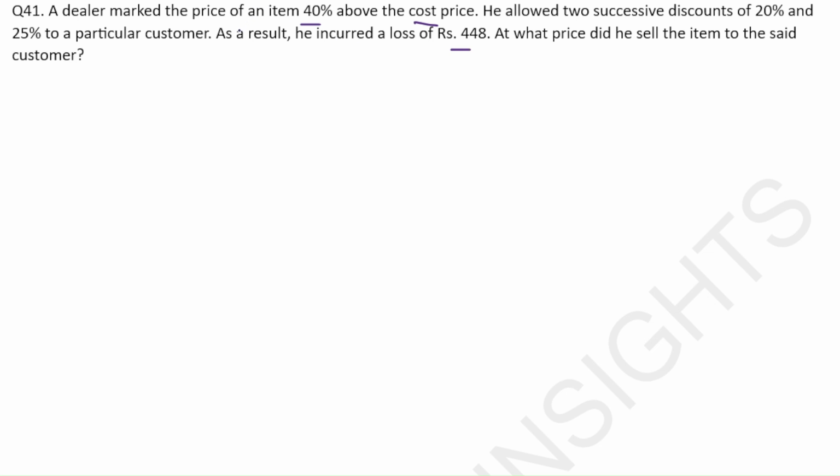So that means mark price is how much? Mark price to CP, 40% above the cost price. So if the cost price is 100, this will be 140. So convert into simplest form, then you will get 7 by 5. Now the next part is he allowed two successive discounts, right? So two successive discounts means we're talking about MP by SP.